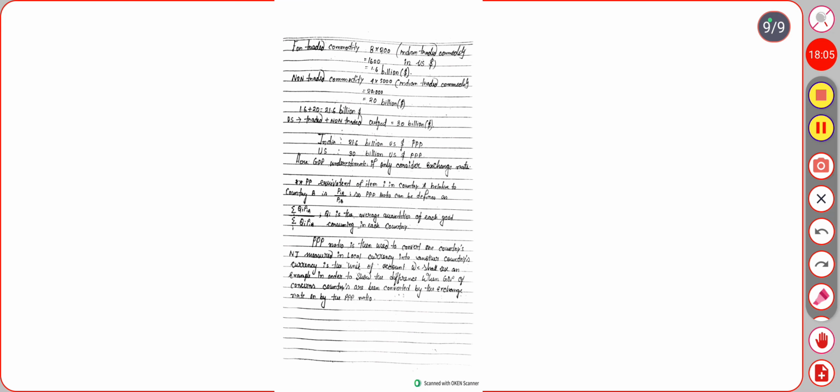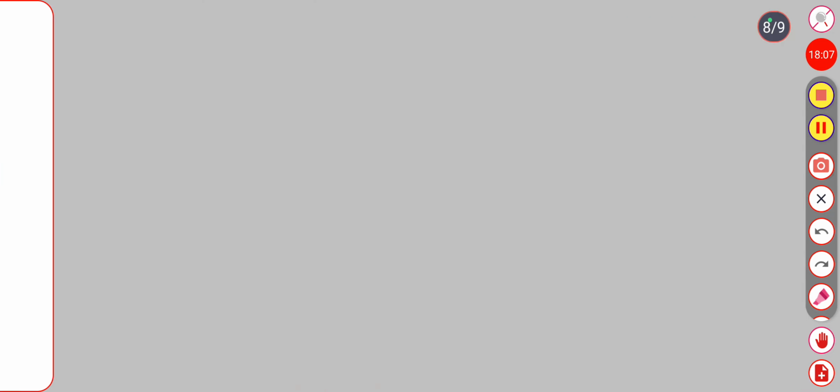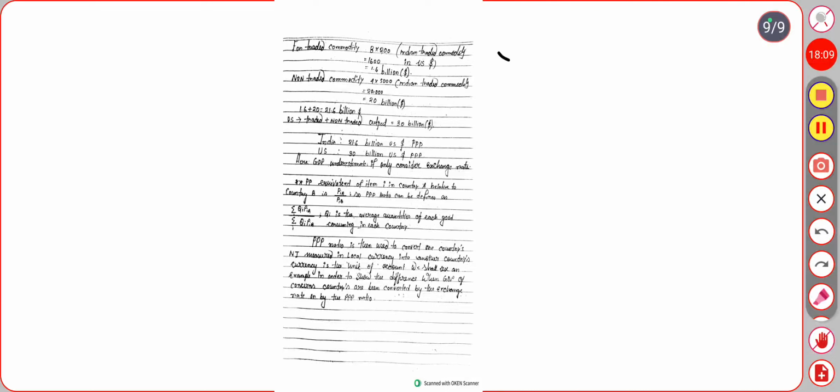And now for traded commodities, 8 is the quantity in India for the traded good and 200 is the price in US dollars. Multiply them and get 1,600 in US dollars, and that is 1.6 billion.